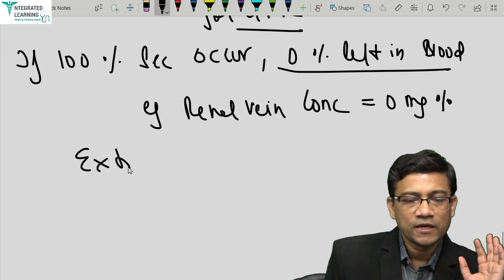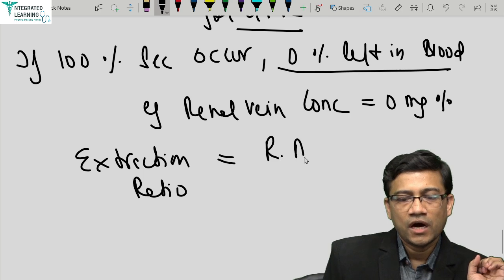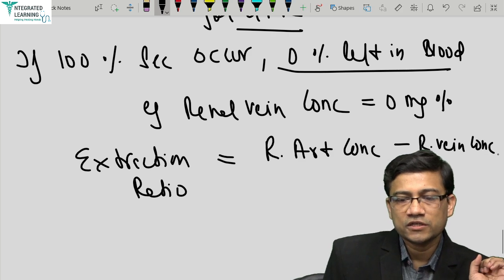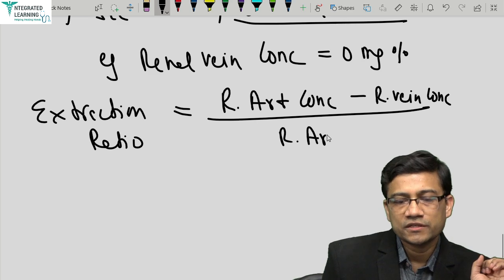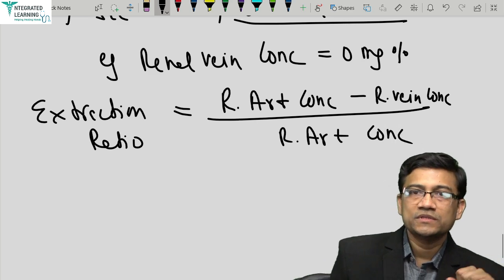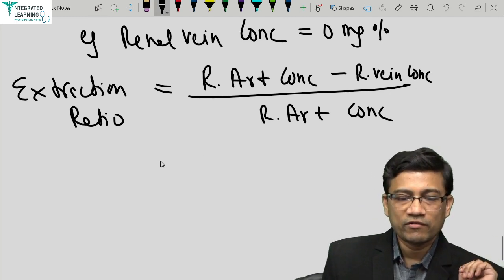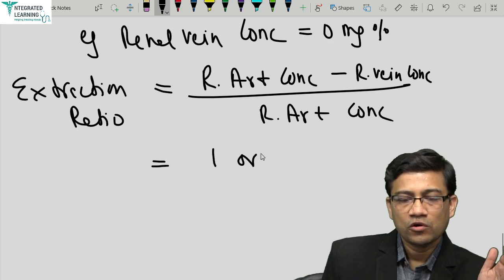This is called the extraction ratio. How do you calculate it? Very easy. We take renal artery concentration, subtract renal vein concentration, and divide by renal artery concentration. So now, as you can see, if the artery concentration was X and the vein is 0, that will be how much? If this is 0, it will be 1 or 100%.